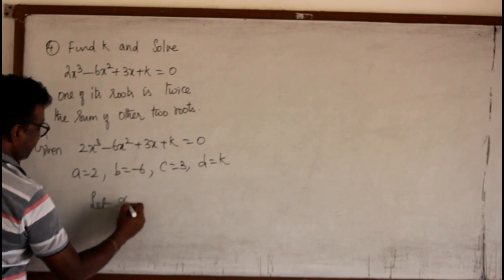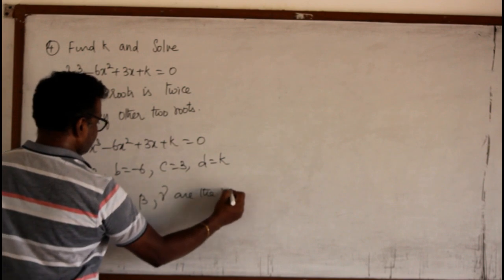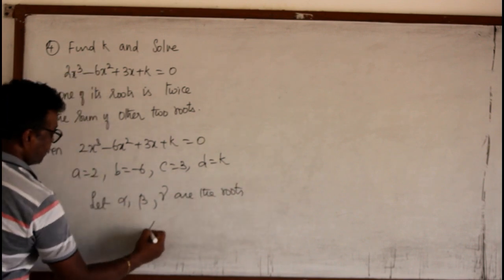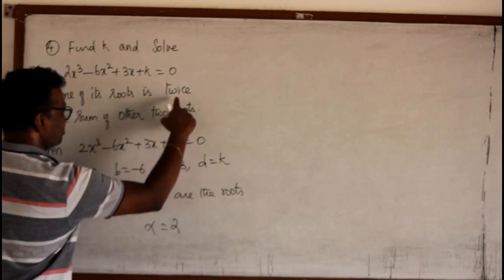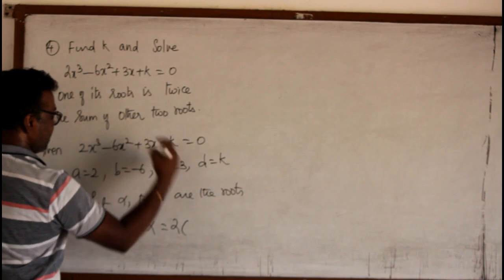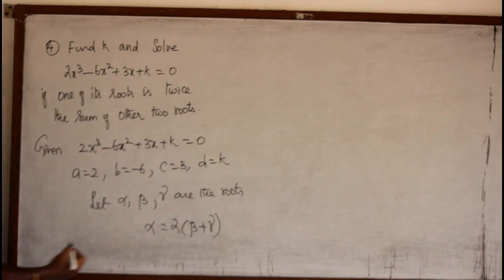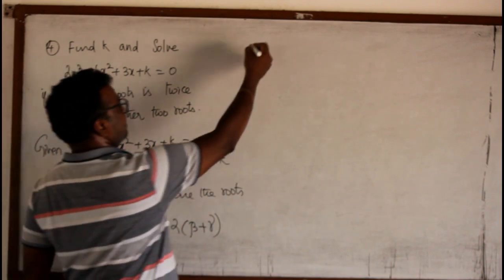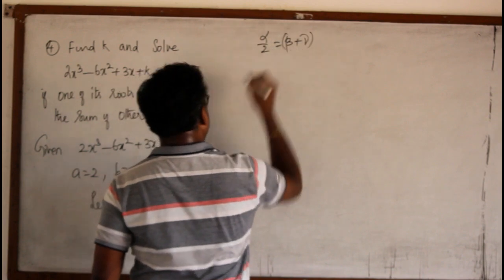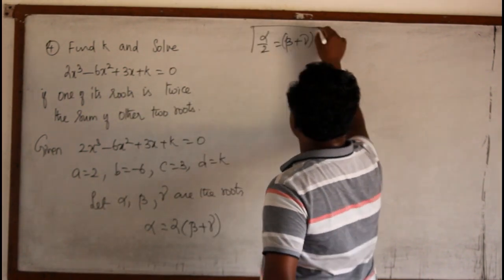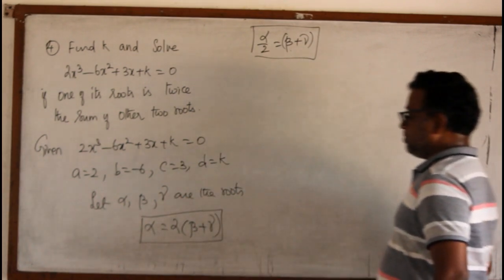Suppose alpha, beta, gamma are the roots, then they give one of its roots, that is, if I take alpha, then it is 2 into the sum of the other two roots, beta plus gamma. This is what is given. Also, I can take this as alpha by 2 equal to beta plus gamma. So both the possibilities we shall try to use in solving the problem.